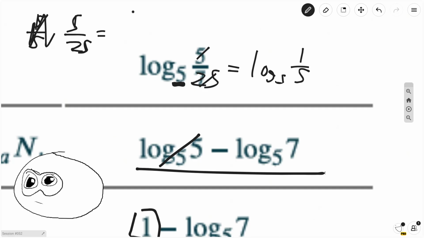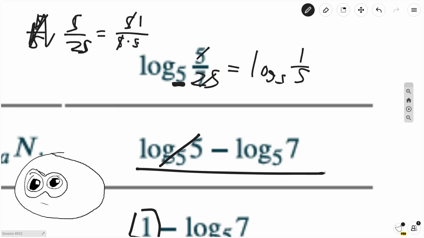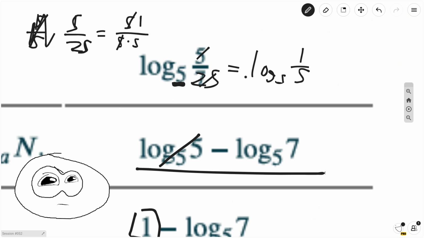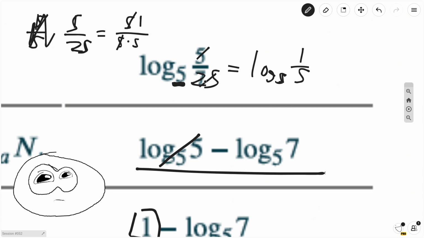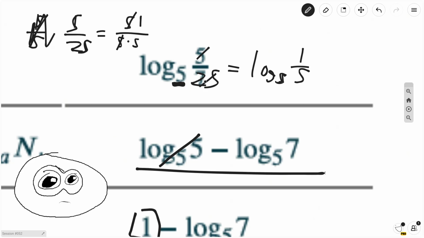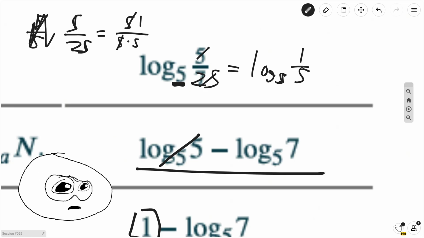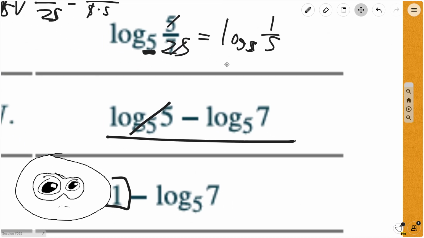Sorry. 25 equals 5 times 5, and then you have a 5 here. And you could cancel these out, then it becomes the 1, and then there's the 5. So that's how we got log base 5 of 1 over 5, assuming that we changed the bottom number 7 to 25.